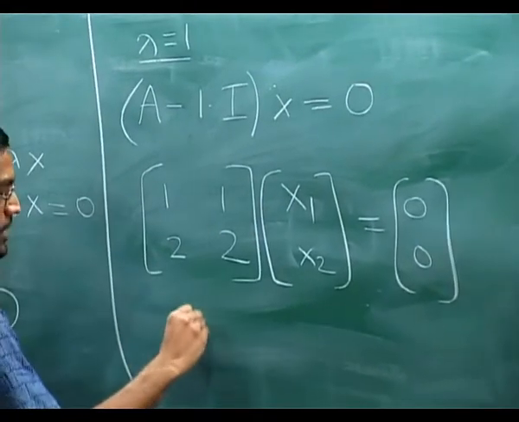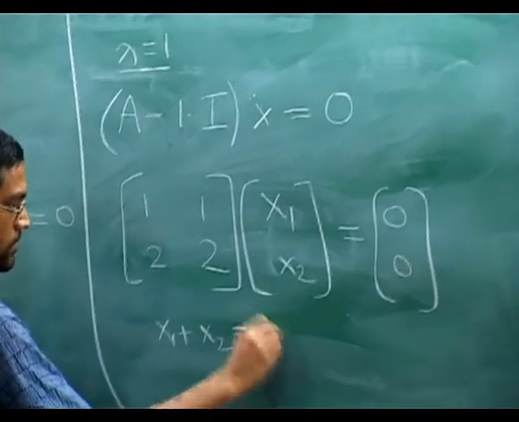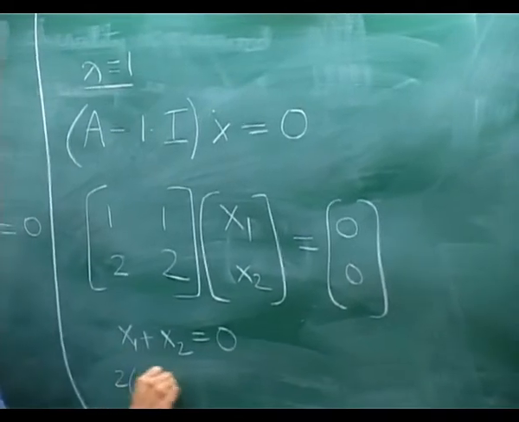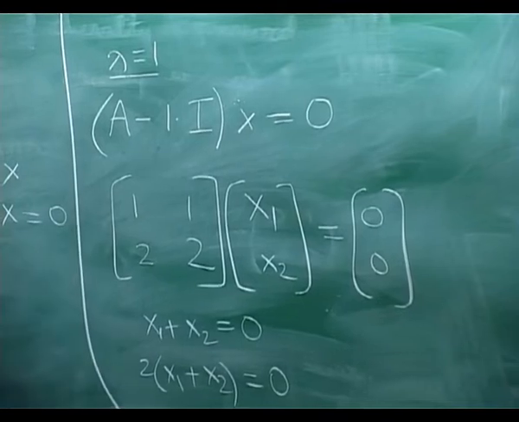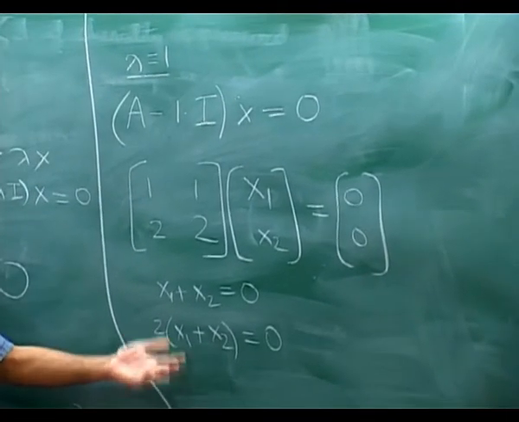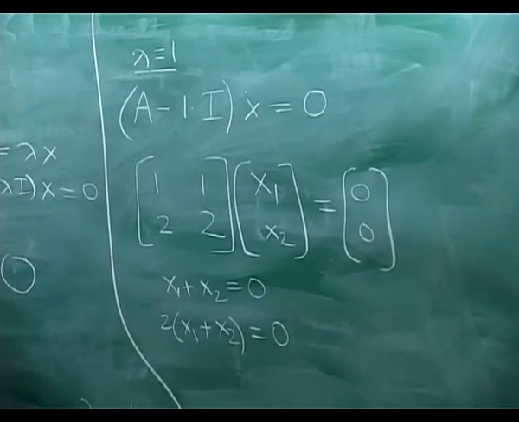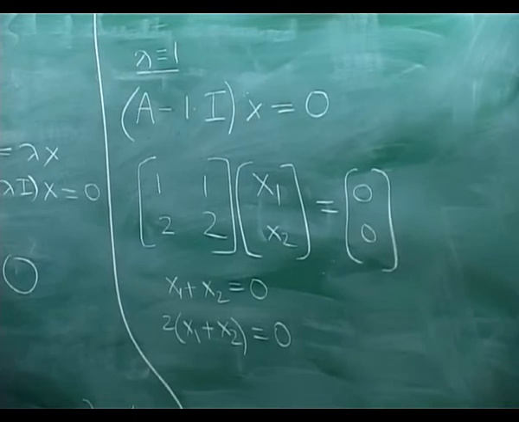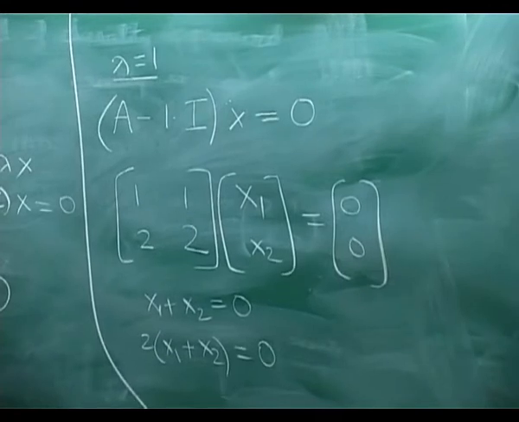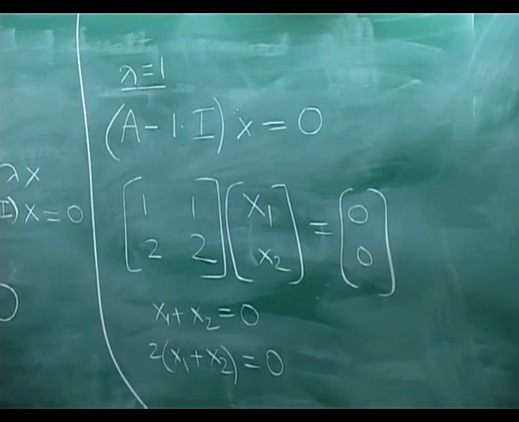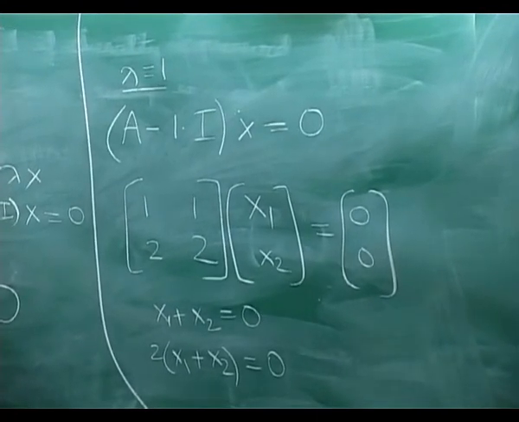The two equations are x1 plus x2 is 0, and well, it's the same equation again. And this is how it always is, because it's a singular matrix. There aren't that many linearly independent conditions. Several conditions might be redundant. You may have fewer than n conditions.